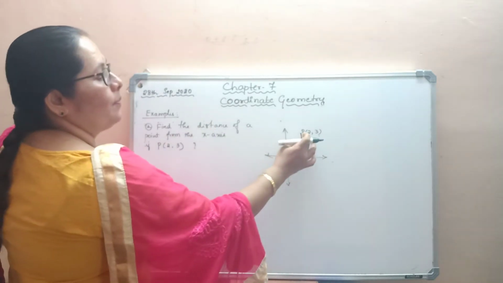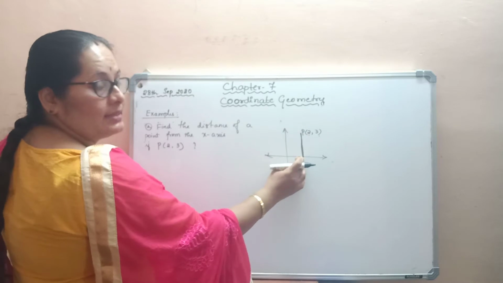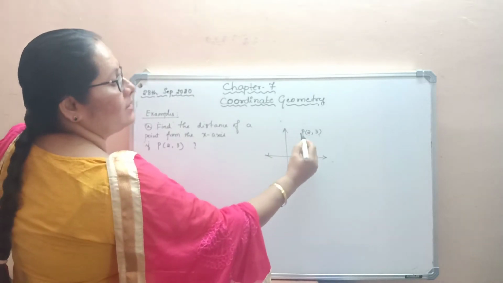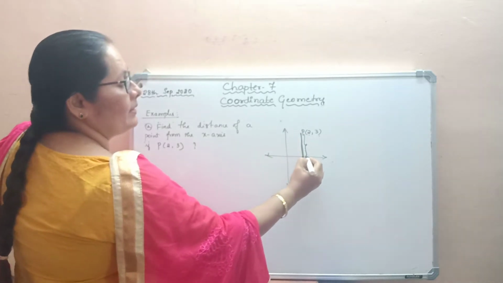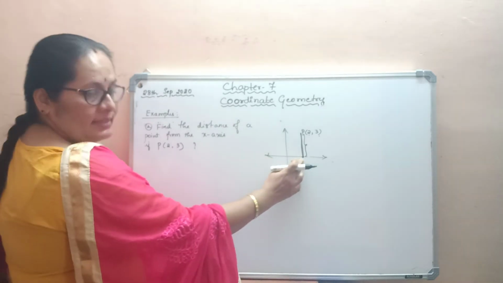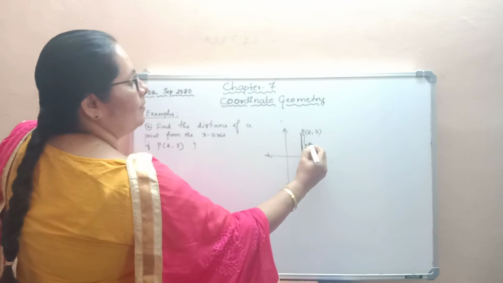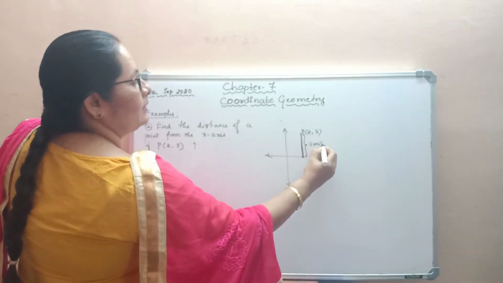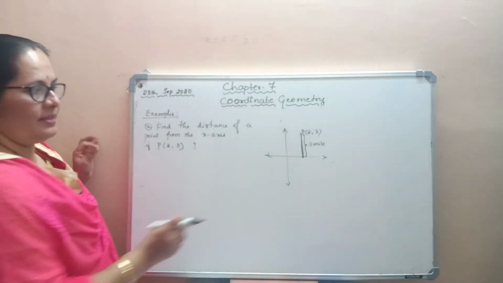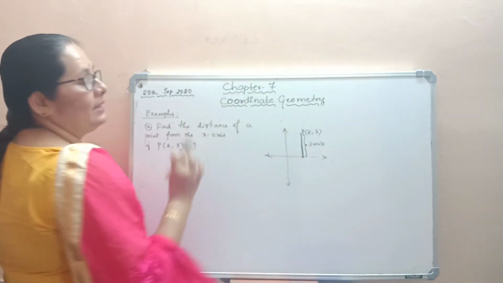The distance of point P from the x-axis is 3 units, because the distance from the x-axis is nothing but the y coordinate. Therefore, the distance of the point from the x-axis is 3 units.